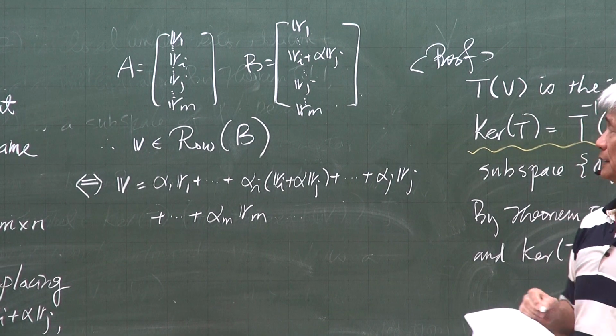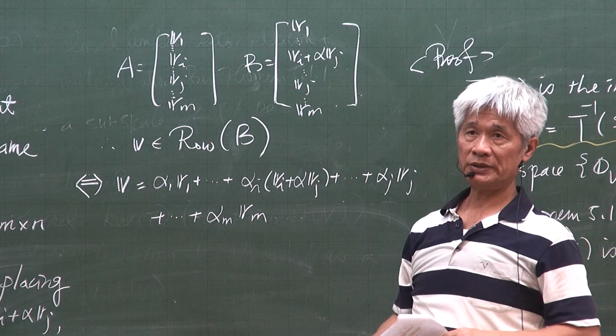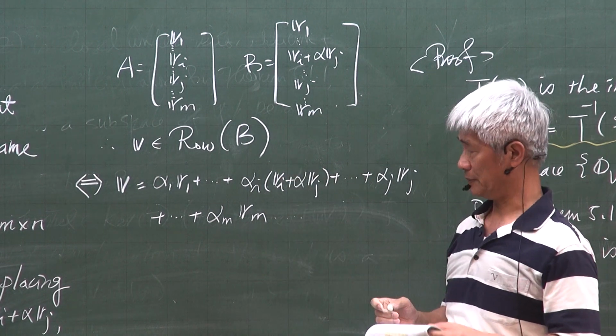So V is a linear combination of the m rows of B.